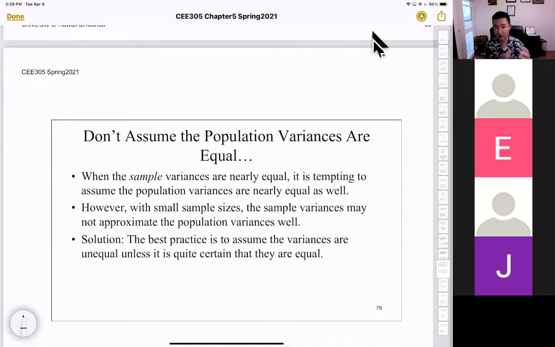Because this is a small sample, even though the sample variances may be equal, the population variances may not be equal. So the solution is we always assume the variances are not equal unless it is quite certain that they are equal, unless the question tells us the two sigmas are actually equal.